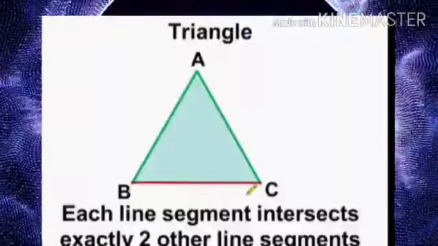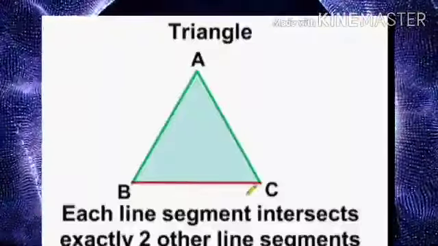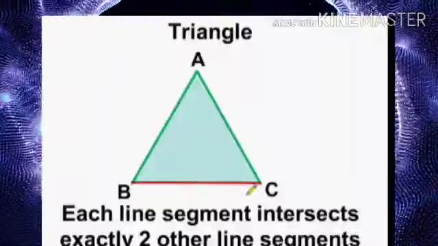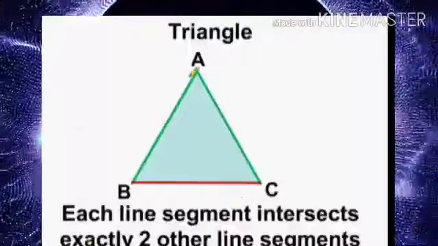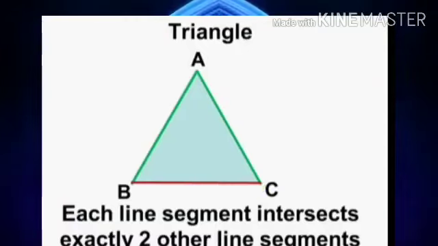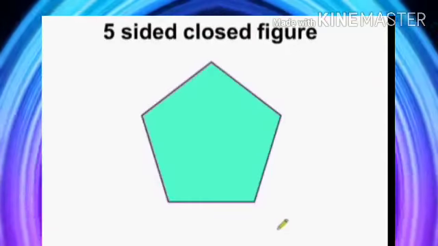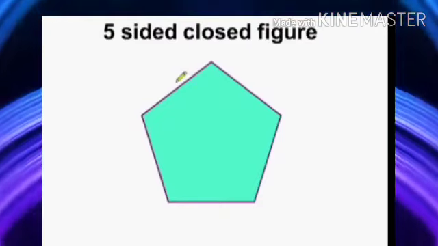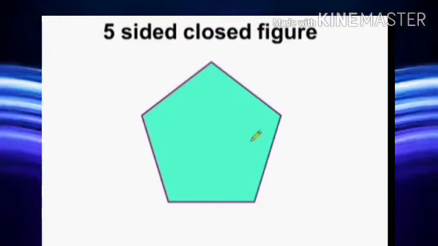Isn't it so that each line segment intersects exactly 2 other line segments? This is the important point you have to keep in your mind while checking whether a figure is a polygon or not.